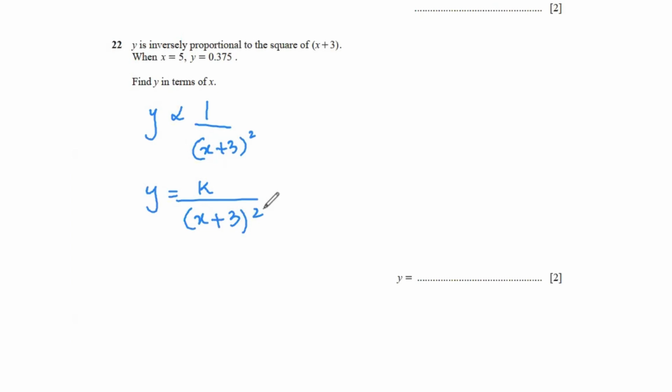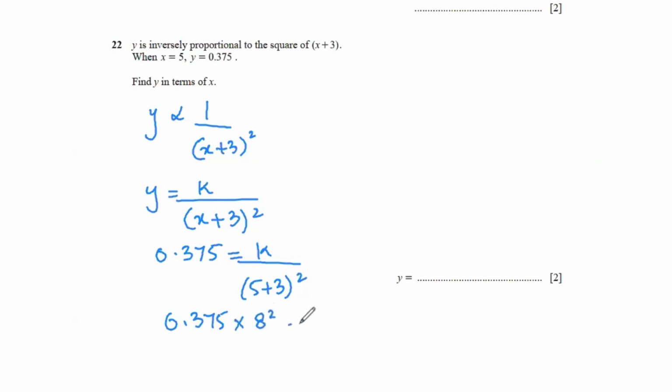Then, using the values of x and y, we find the value of k. So 0.375 equals k over (5 plus 3) whole squared. So 0.375 times 8 squared. So 64 times 0.375 gives us the value of k, and that is going to be 24.